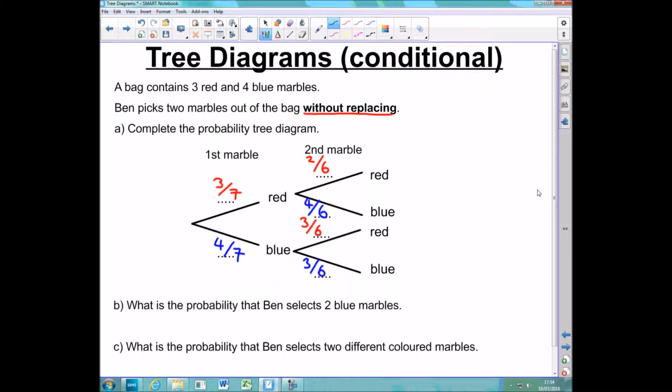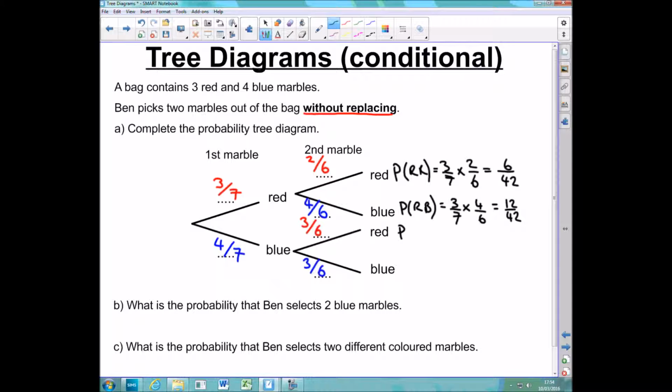So the top, the probability is that he's picked a red and a red. We're going to multiply 3/7 by 2/6, which gives us 6/42. The next one, we've got the probability of a red first, then a blue, and this time we're going to be multiplying 3/7 by 4/6, and that gives us 12/42.